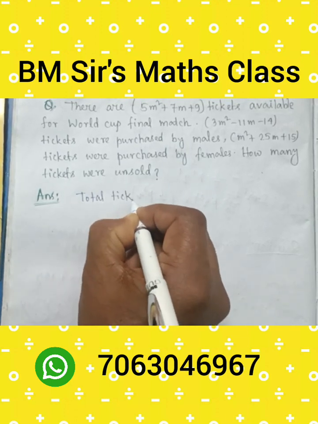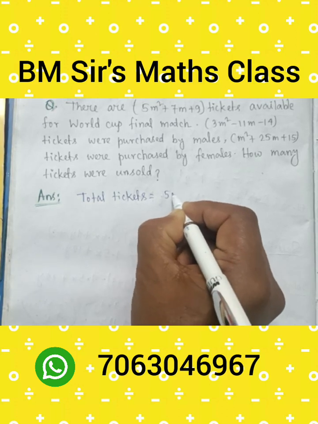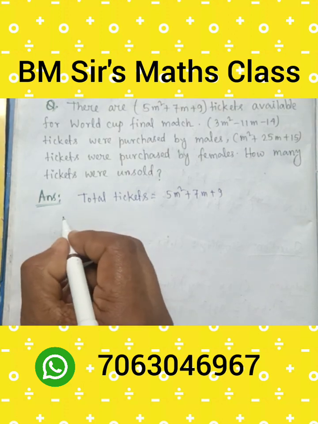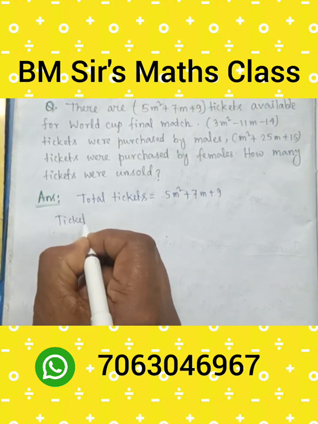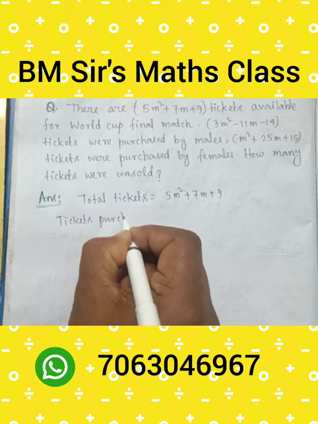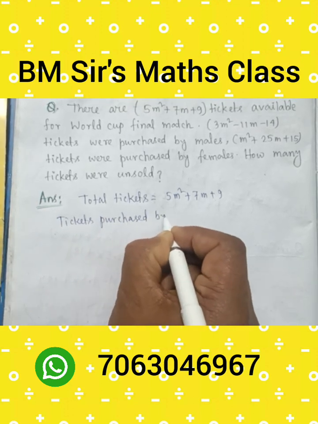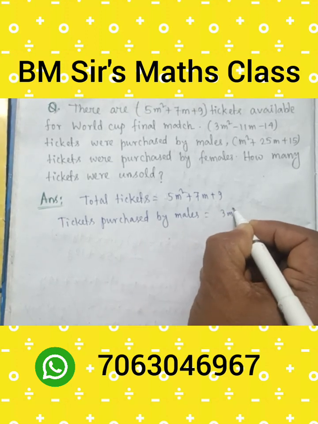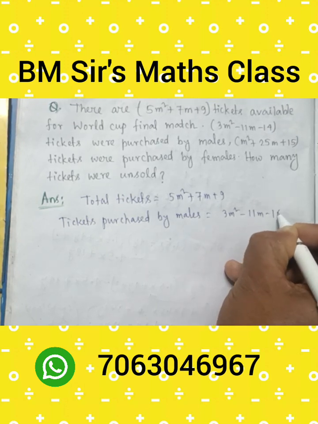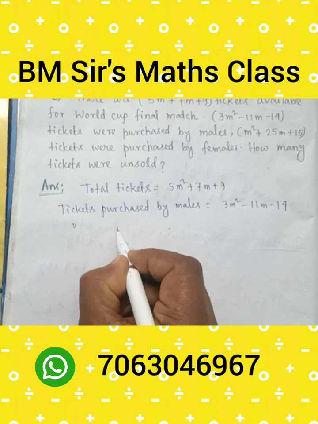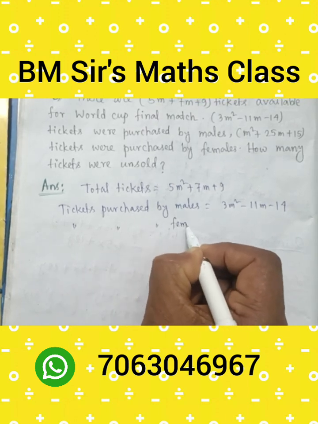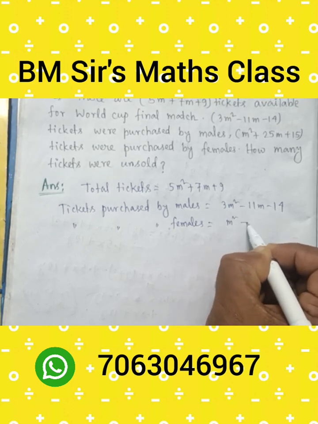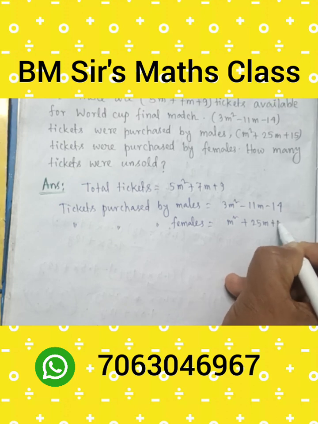Total tickets are 5m square plus 7m plus 9, and tickets purchased by males are 3m square minus 11m minus 14, and tickets purchased by females are m square plus 25m plus 15.